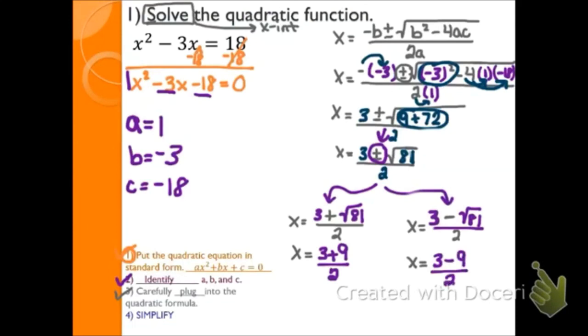So I can simplify that a little bit more. I get x is equal to 3 plus 9 is 12, divided by 2 is going to give me 6. So x is equal to 6. That's one of my answers. On this side I have 3 minus 9, which is going to be a negative 6, divided by 2 is going to make that x equals a negative 3.